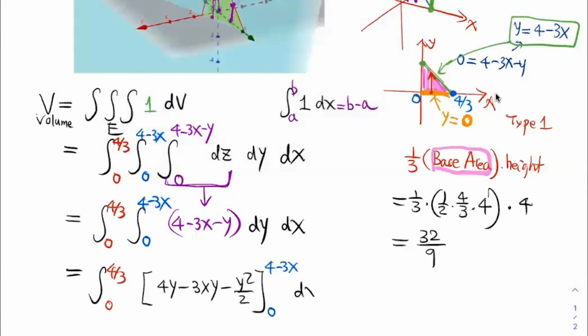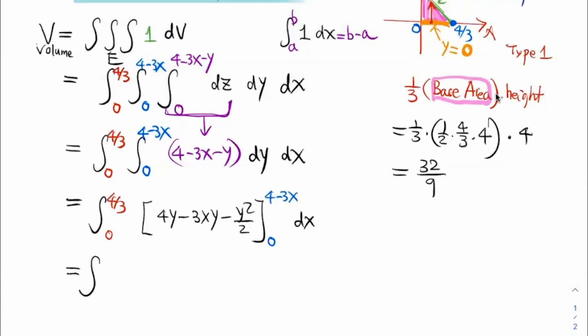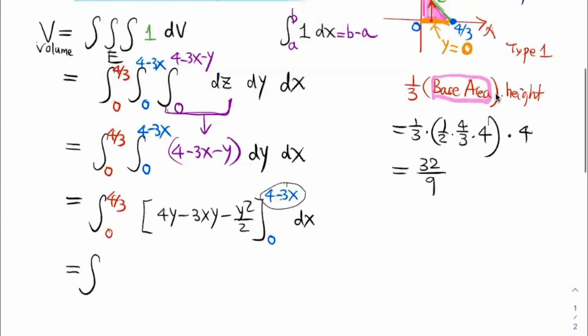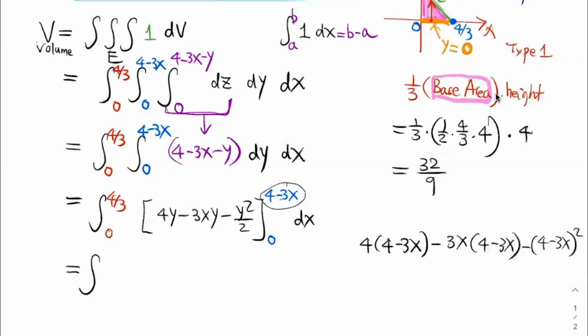Let's substitute 4 minus 3x on the side. You have 4 times 4 minus 3x, minus 3x times 4 minus 3x. There's a lot of algebra. Yes, it is. Then 4 minus 3x squared over 2.